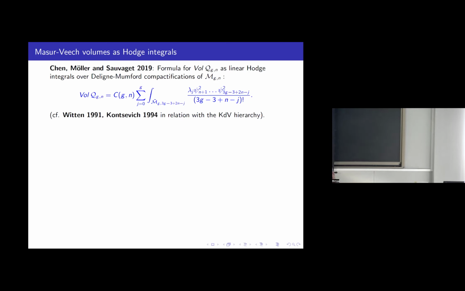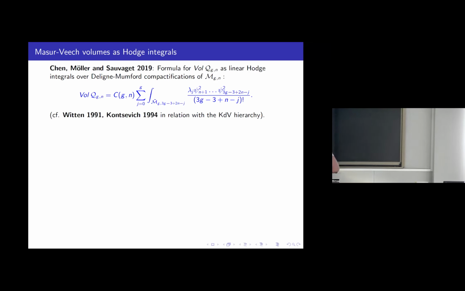KdV with such initial data is out of classical spectral theory, right? But fortunately it's not about spectral theory.